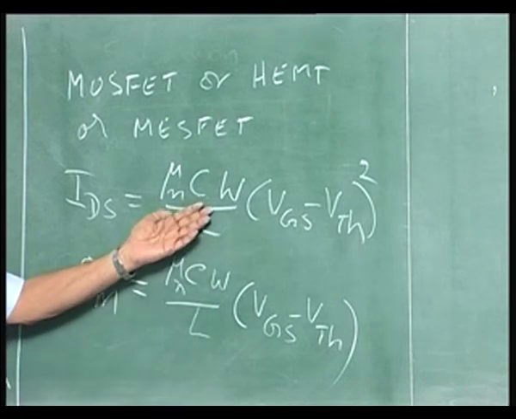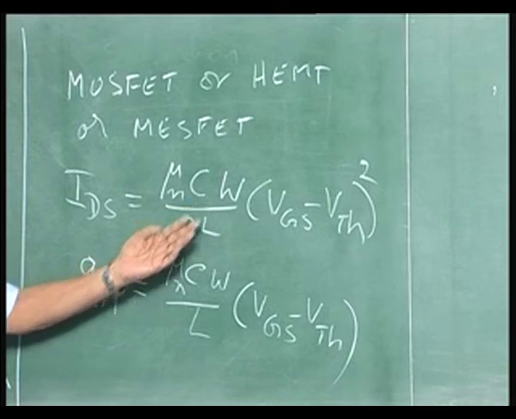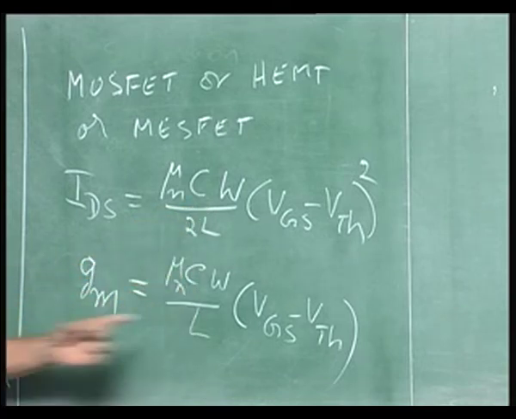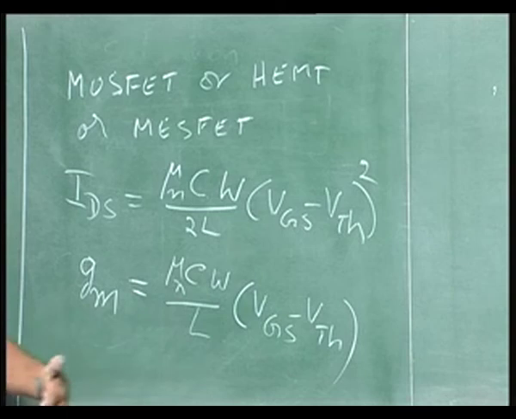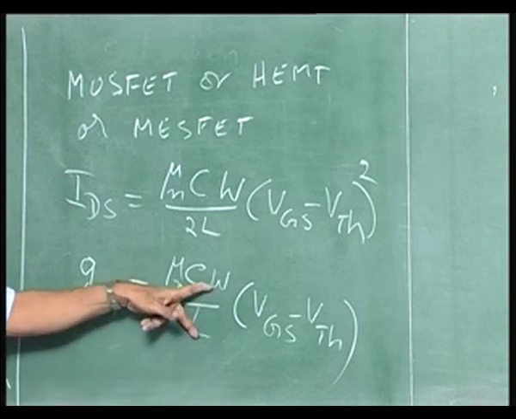It is a square law device. To improve transconductance you have got to improve this particular term. Of course, this increases only linearly with VGS. You must have a bigger and bigger W by L ratio to have a higher transconductance.